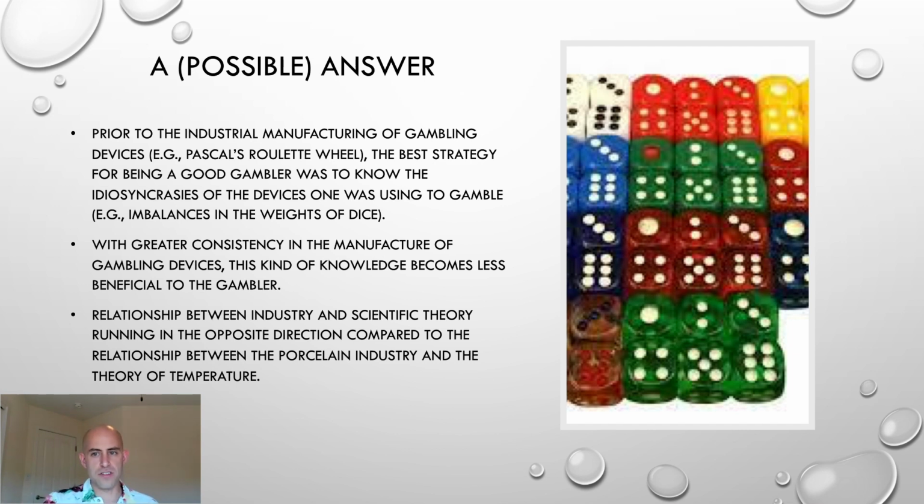If this story is true, then what we have here are advances in industry happening without the science that are then inspiring advances in the science of probability. We're just getting good at making dice the same way every time. And it's only then that we're starting to think, okay, well, now that we can't gamble by picking up on the idiosyncrasies of these dice, how can we best understand these systems that we've created in order to be the best gamblers that we can?